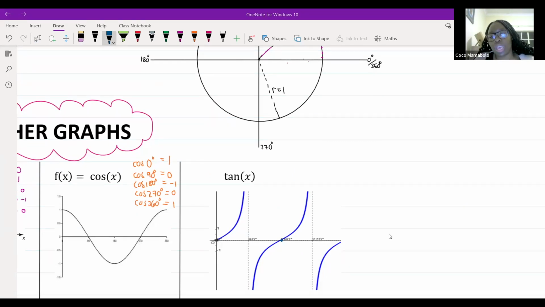So we're going to look at tan of 0, tan of 45 degrees, tan of 90 degrees, tan 135, and tan of 180. So let's punch these into a calculator. We're going to run into a problem. I want you guys to tell me where the problem is. Where do we run into an issue?